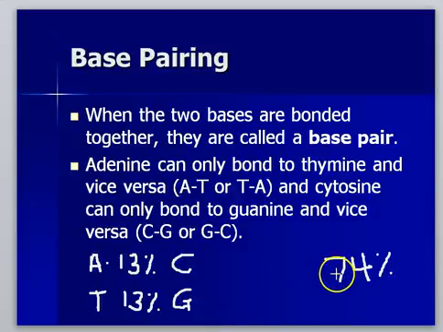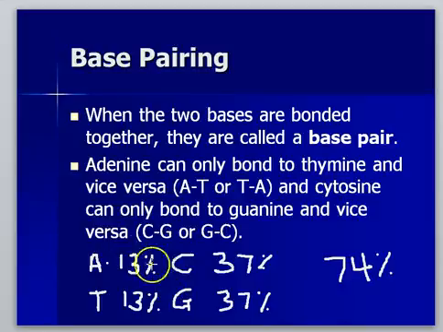So 74 divided by 2 is 37. So we get 37% of our DNA sample made up of cytosine and 37% made up of guanine. So it's an interesting way for us to take some of our information that we know about the base pair rules and then apply it to something like this that maybe shows up on a diploma exam.